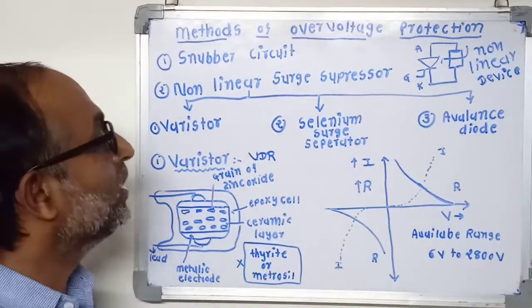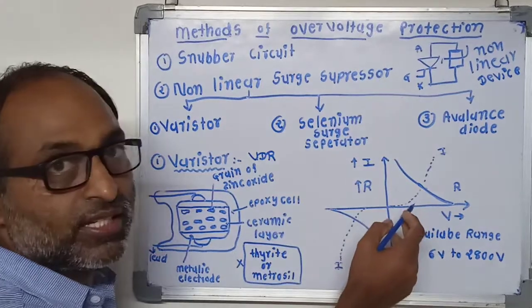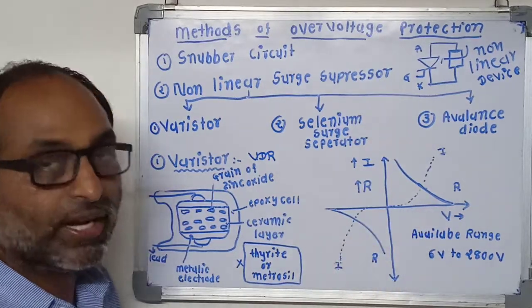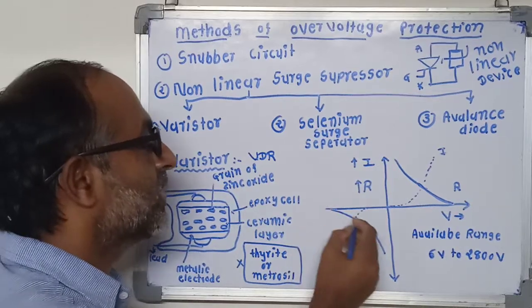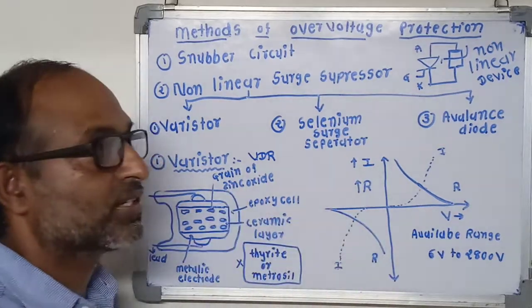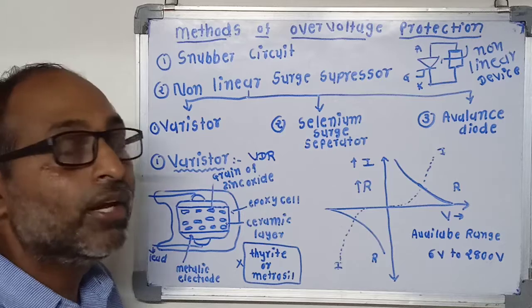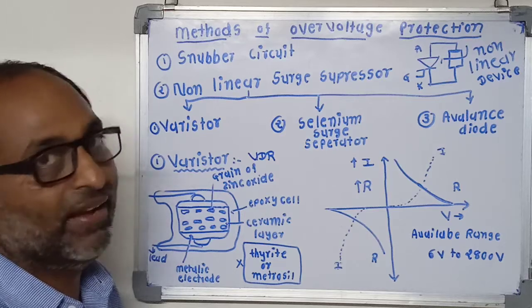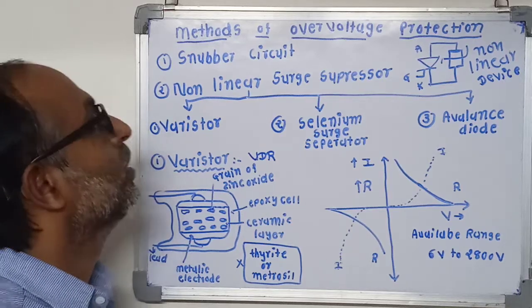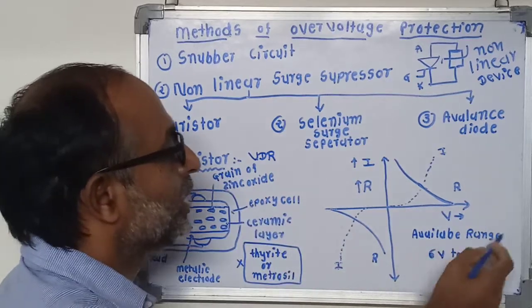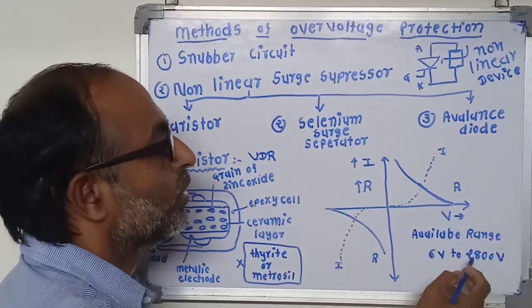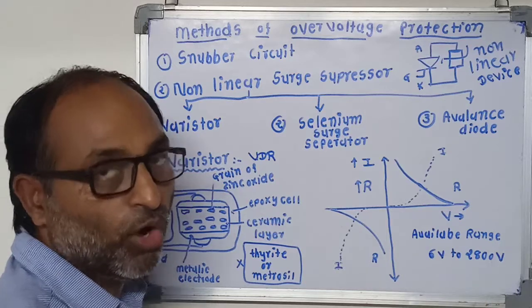Its boundary characteristic is similar to that of a PN junction diode, and the device characteristic of this varistor is similar to that of an avalanche diode. This varistor is available in a range of 6 volts to 2800 volts.